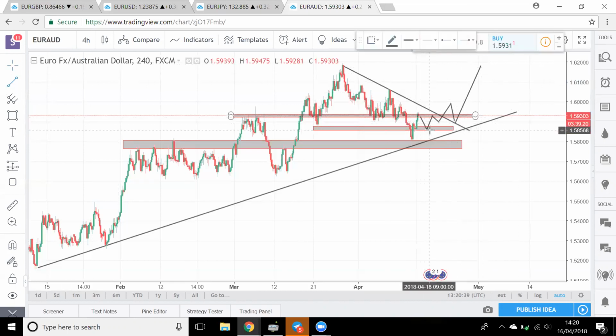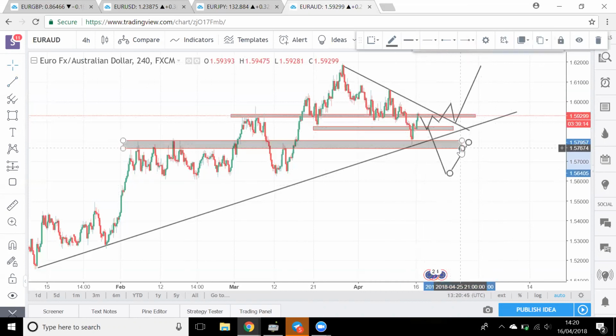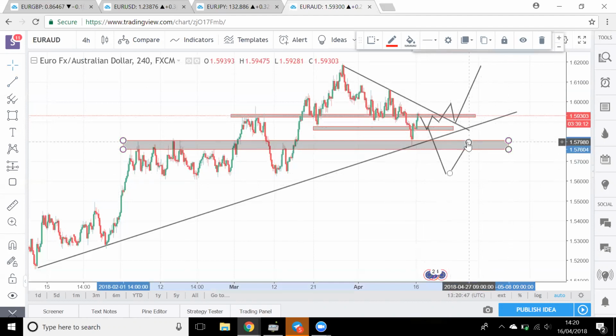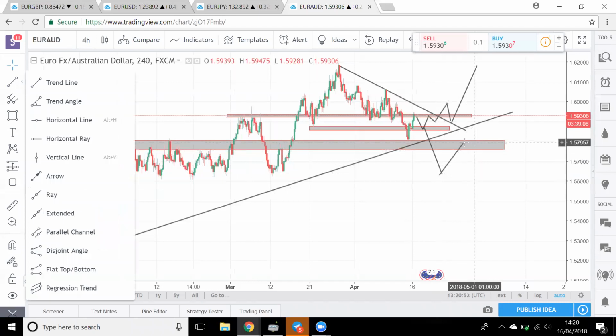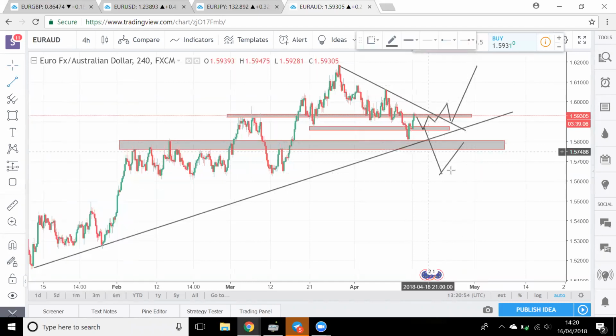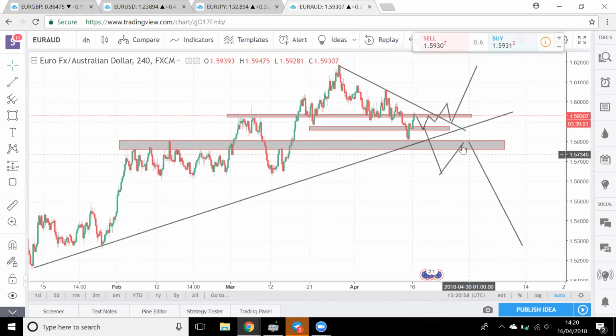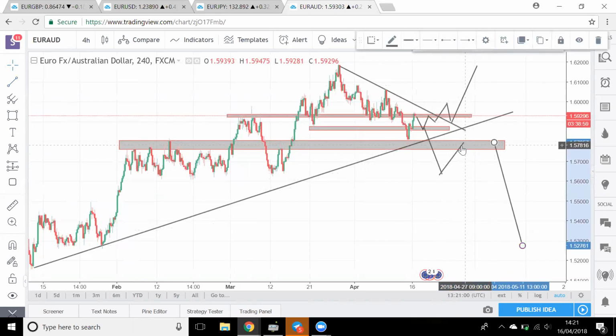If not, price will break this and then simply come back to this level where we'd be waiting for shorts. We would look for shorts like that.